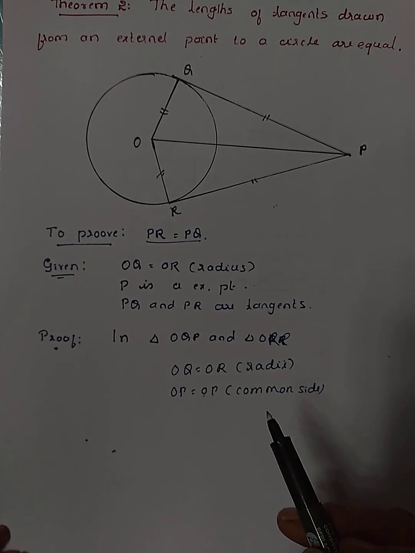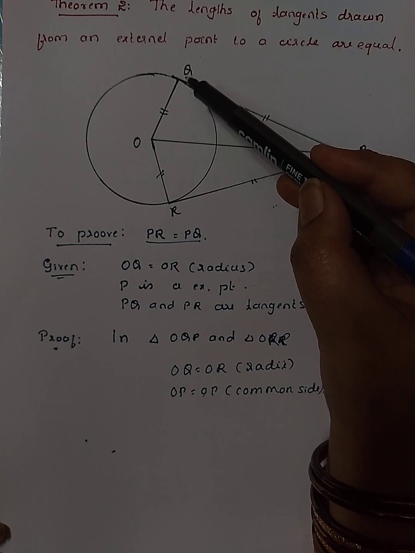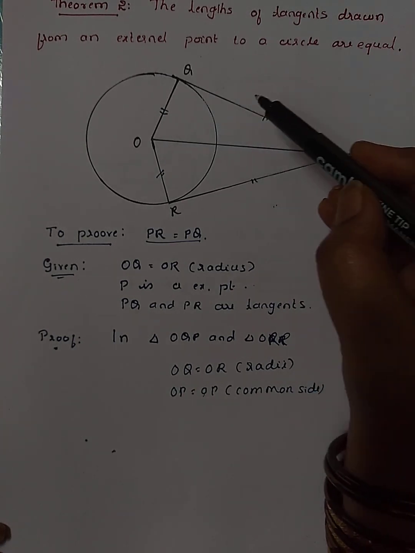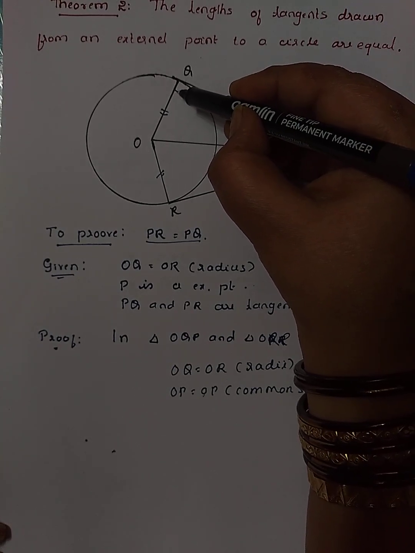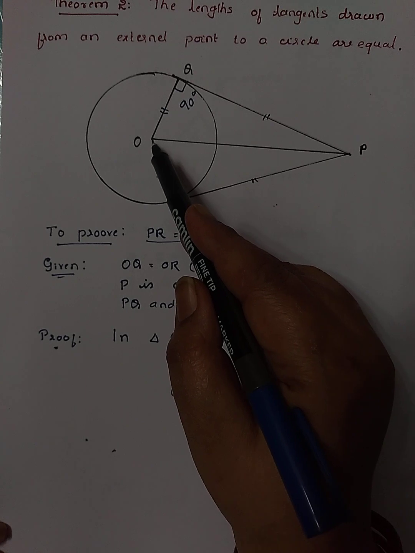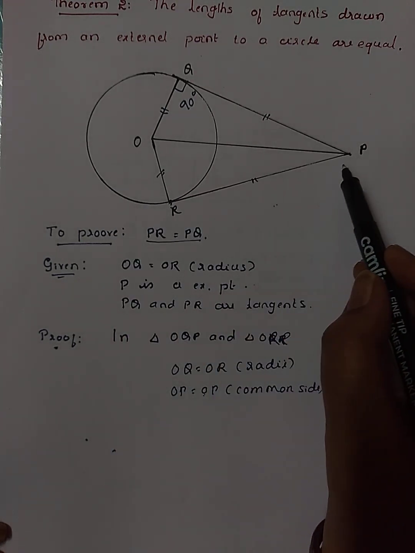Again here we know that the radius OQ is perpendicular to the tangent. That is OQ is perpendicular to PQ, which means this angle equals 90 degrees. Similarly, in this triangle, OR is a radius and it is perpendicular to the tangent PR, so angle ORP equals 90 degrees.